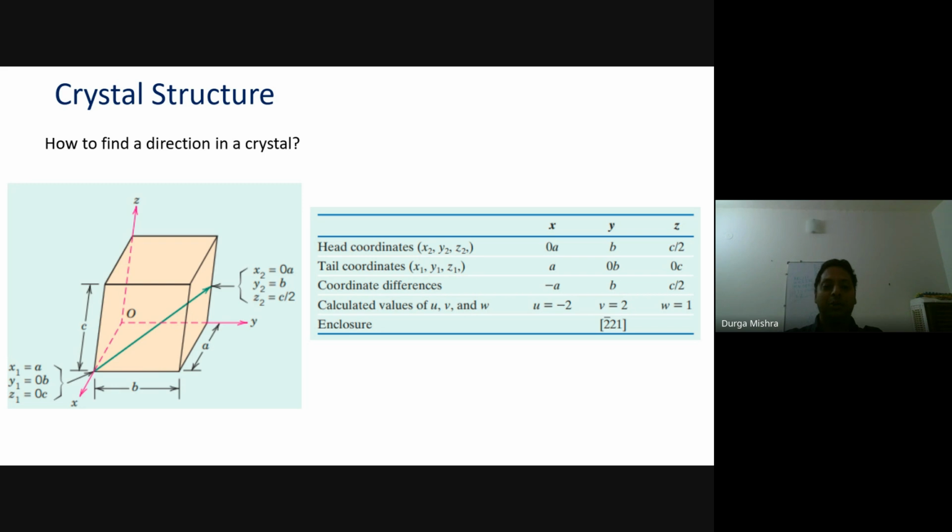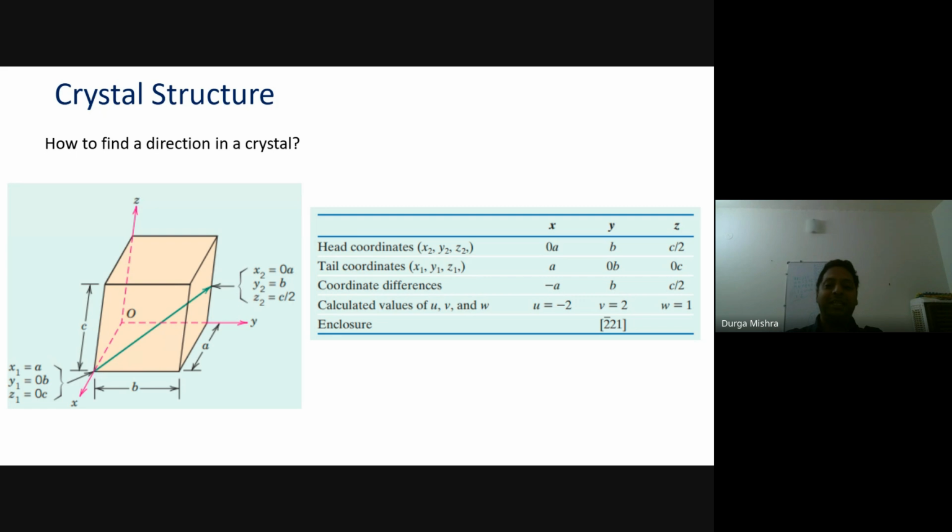Now what is the coordinate of the head? That is this point. This is a line in the yz plane, so x will be 0. And y2 is b, because you have to go by a distance b along y-axis to reach this point. And how much do you have to go along the z-axis? That is c by 2.